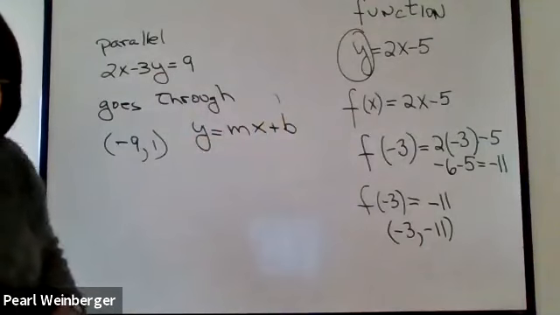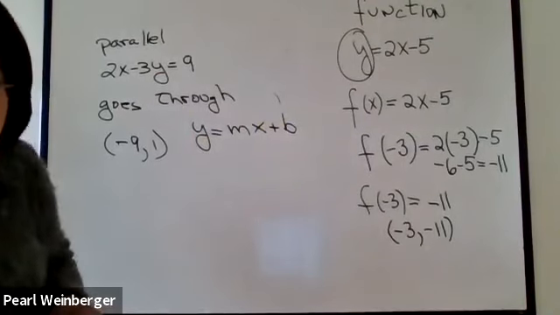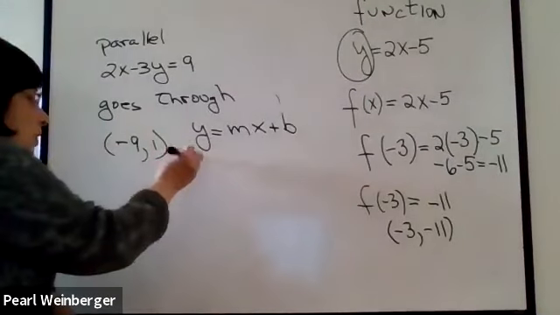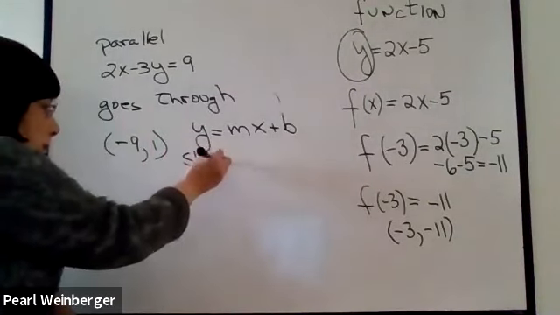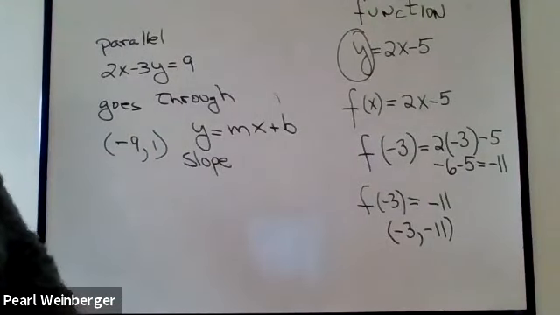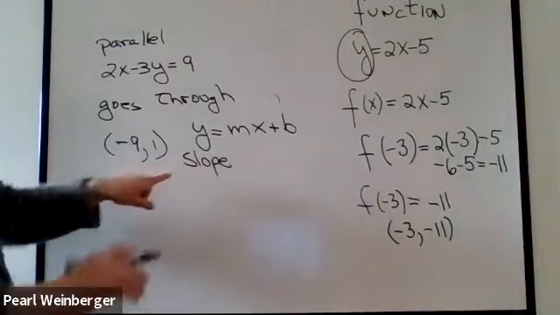The first thing we're interested in finding is the m, the slope of the line. How do we find the slope of the line? Then we'll worry about the b. But let's first deal with the m, the slope.